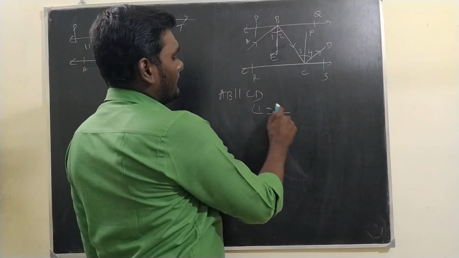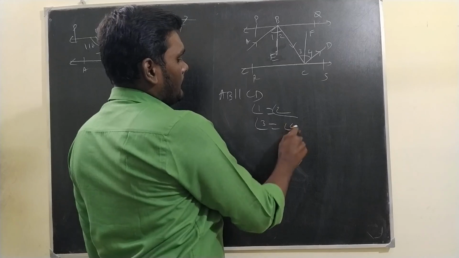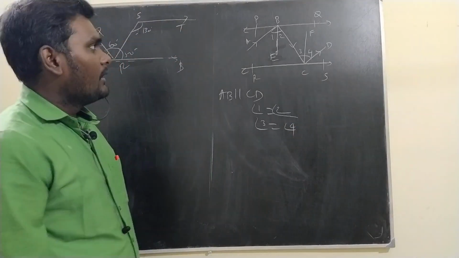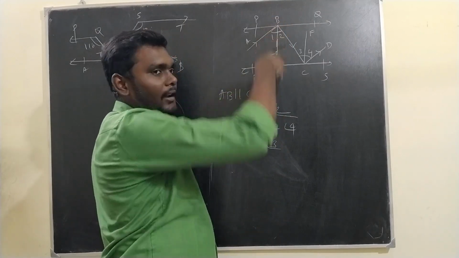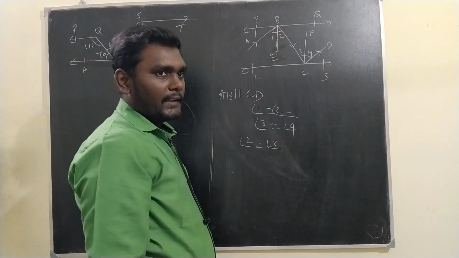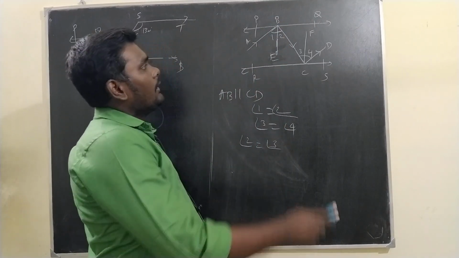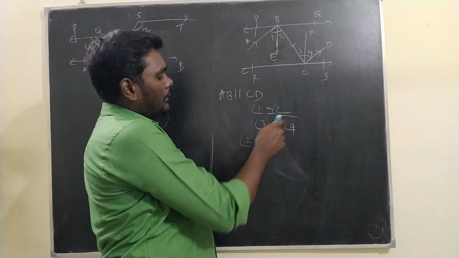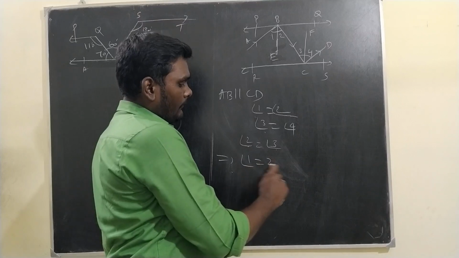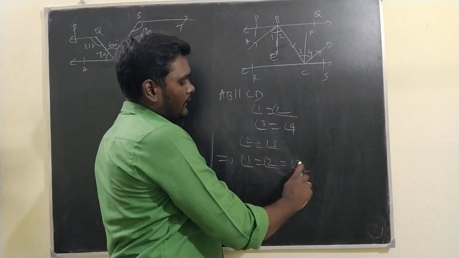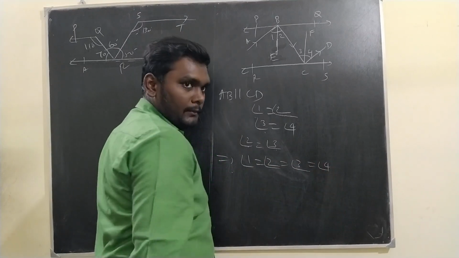So 1 equals angle 4, correct? And then angle 2 equals angle 3. To bisect this, I draw a parallel line that is bisected as per the construction. Now 1 equals 2, 2 equals 3, 3 equals 4, which means 1 equals 2 equals 3 equals 4.